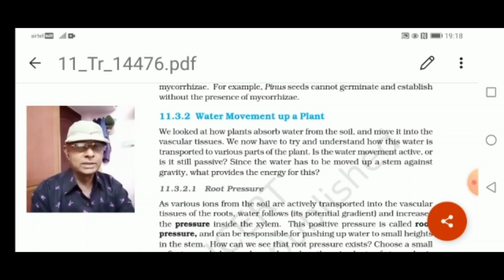Water follows its potential gradient and increases the pressure inside the xylem. As soon as the water enters into the xylem, a pressure is created. This positive pressure is called root pressure, and it can be responsible for pushing up water to small heights in the stem.